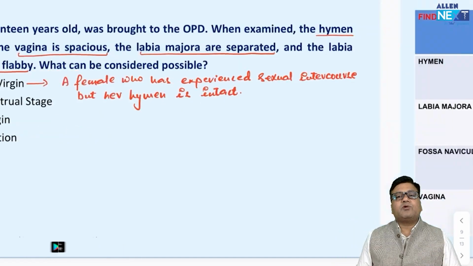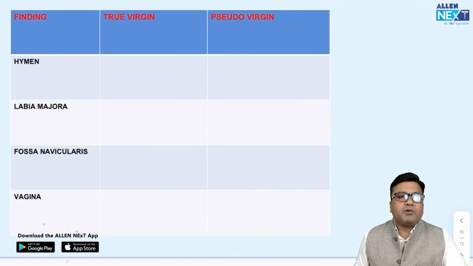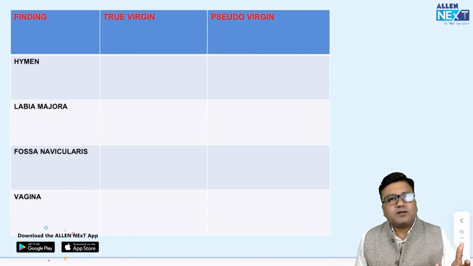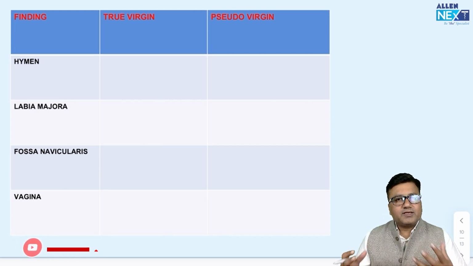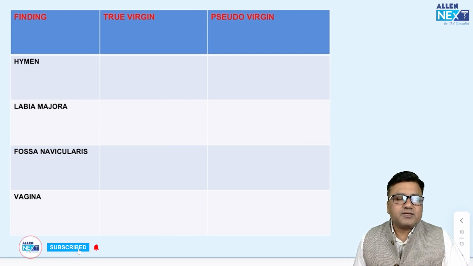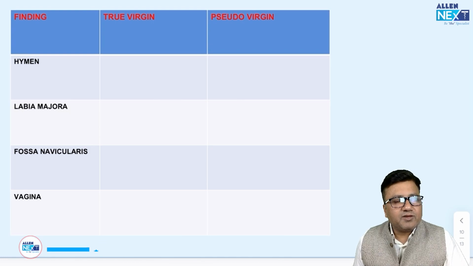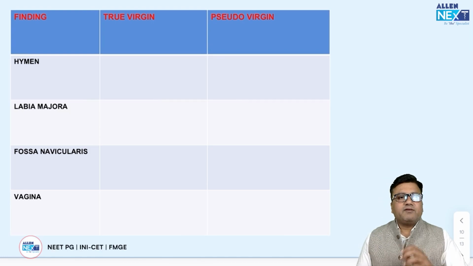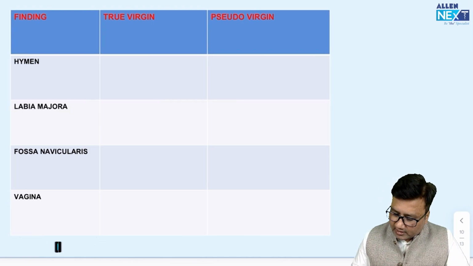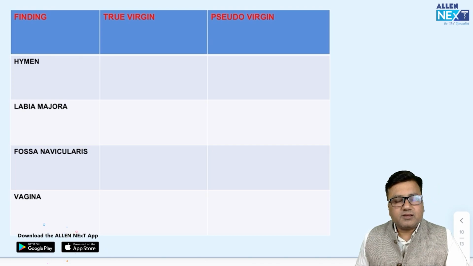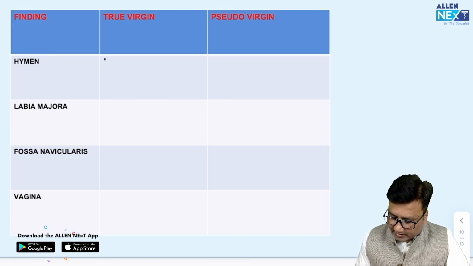Okay, so let's see what are the differences between a true virgin and a pseudo virgin. When we examine such a clinical case, what are the findings that we may see? The first is hymen. Now in both cases, the hymen is going to be intact.